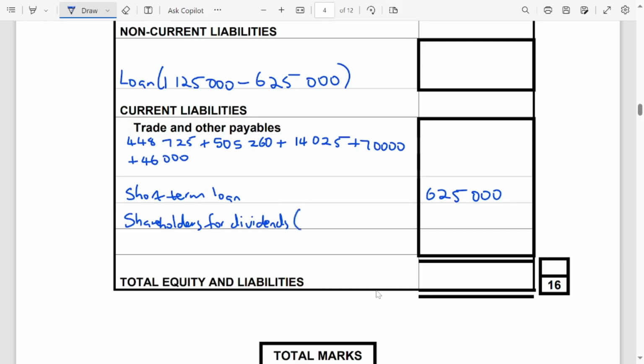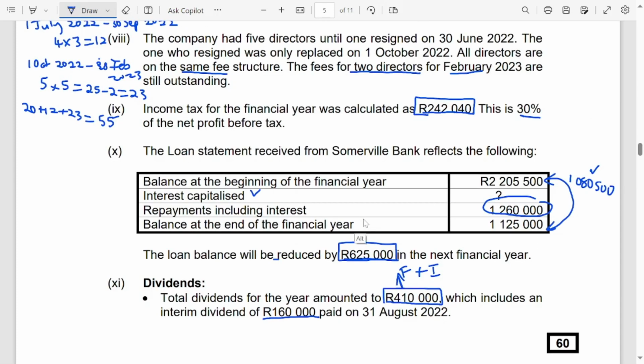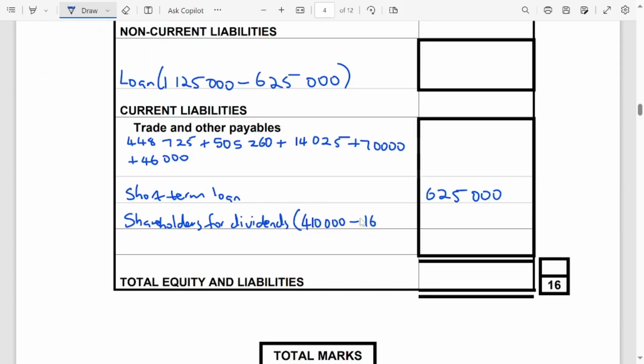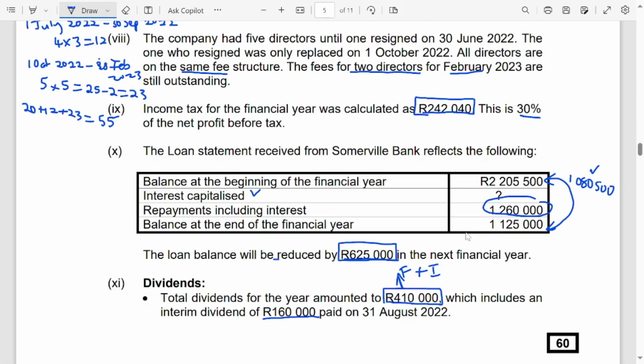It is going to be 410,000 minus 160,000, which is 250,000. Right? So it means that now we are done with the adjustments.